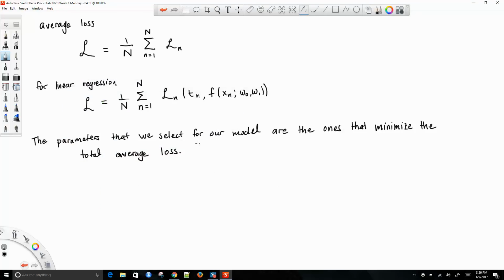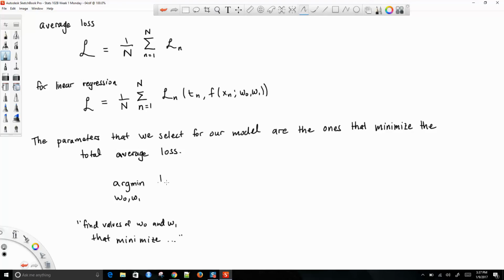Okay, and so we express that as argmin over w0 and w1. So this is find the values of the arguments w0 and w1 that minimize, and in this case, it's our average loss.